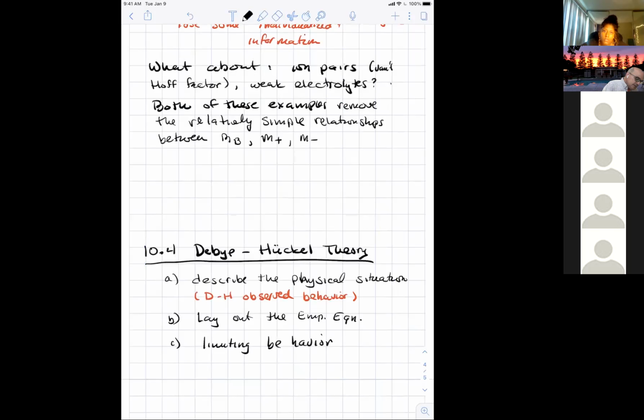What this really means is that the mean ionic activity coefficient becomes less directly physical. It doesn't really change the use of it.